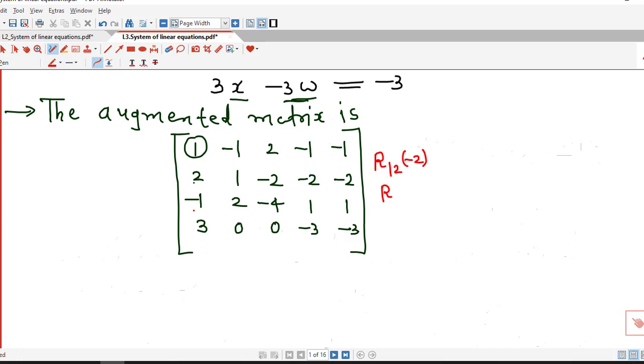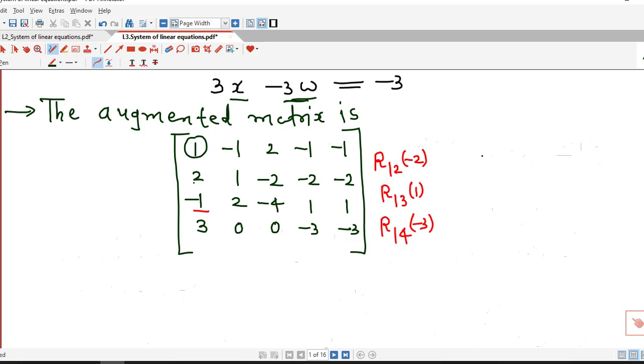Then to make this entry 0, we have to multiply first row by 1 and add in third row. Similarly we have to multiply first row by -3 and add in fourth row so that we obtain 0 here.